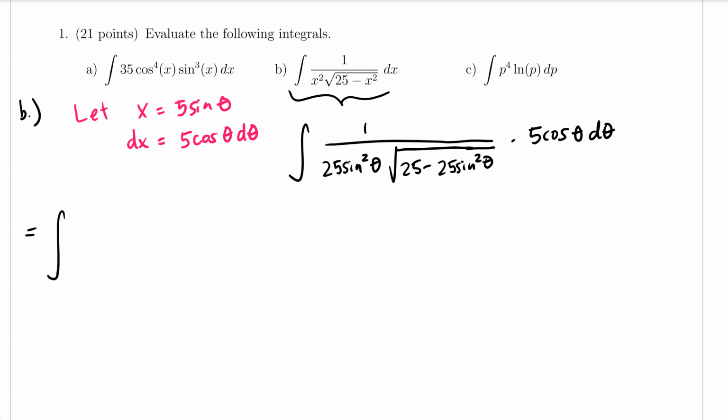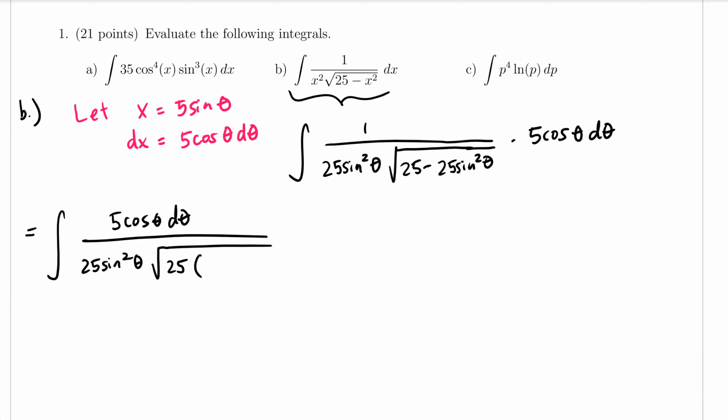This is equal to the integral of 5 cosine theta d theta over 25 sine squared theta. I can factor out a 25, and that's going to leave us with 1 minus sine squared theta.